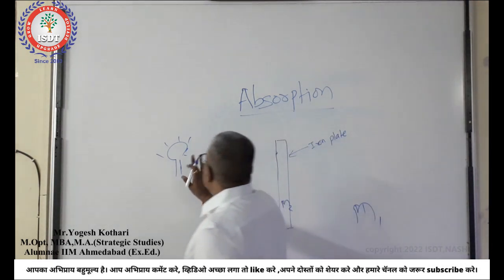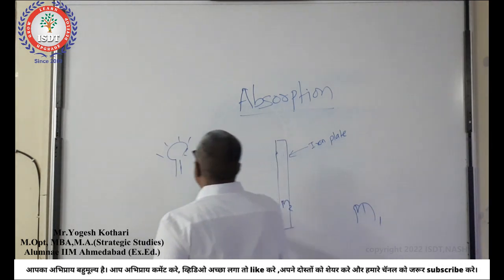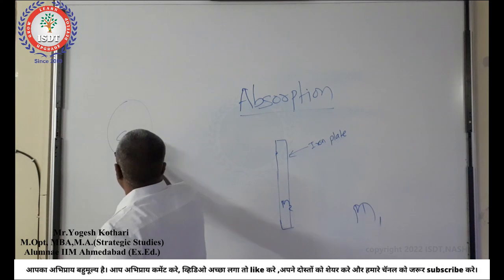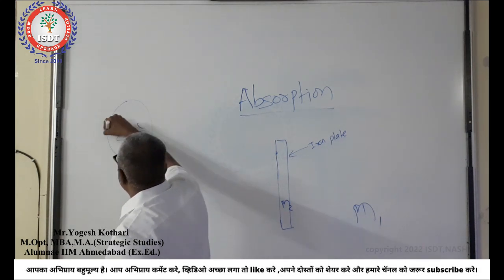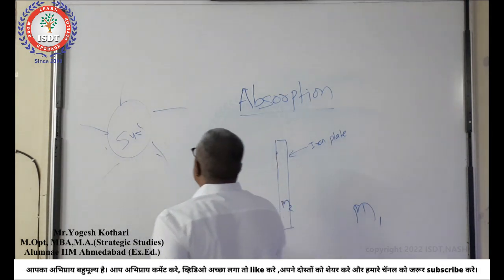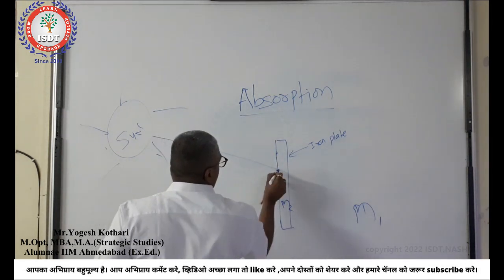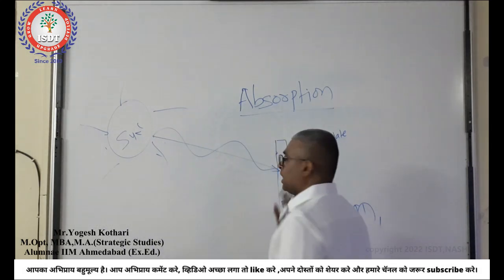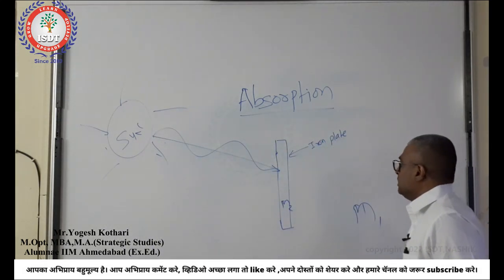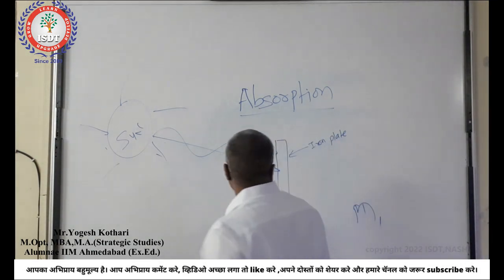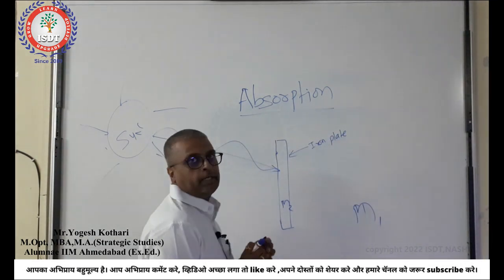Now we consider this as a strong source of light, the sun. This is the sun. Correct? So the sun rays are falling on the iron plate. This wave is falling on the iron plate. Now as this iron plate is not transparent, it is a solid iron plate.